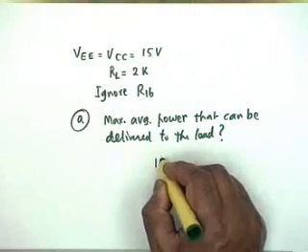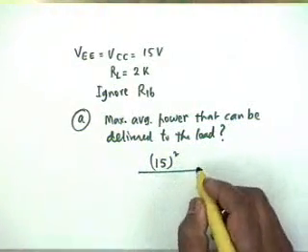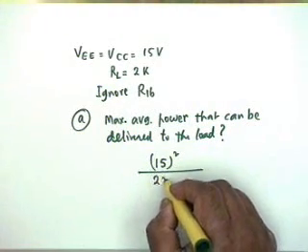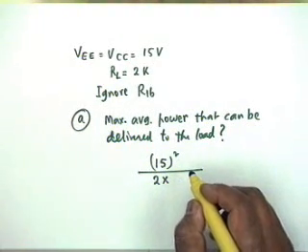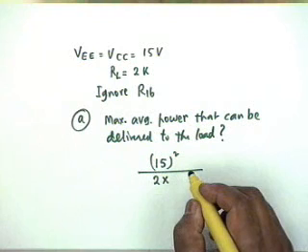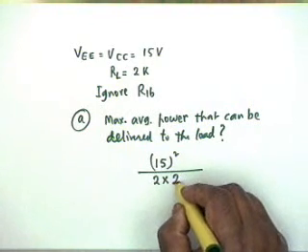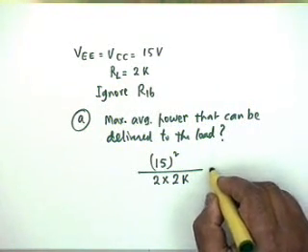If VC sat is ignored, compared to 15, 0.2 can be ignored, it will simply become 15 squared, Vm squared divided by 2 RL, that is, 2 times, why 2? Because it is the root mean squared value. Vm divided by root 2 is the root mean squared value, 2 times, and RL is how much? 2K, and this comes out as 56.25 milliwatt.